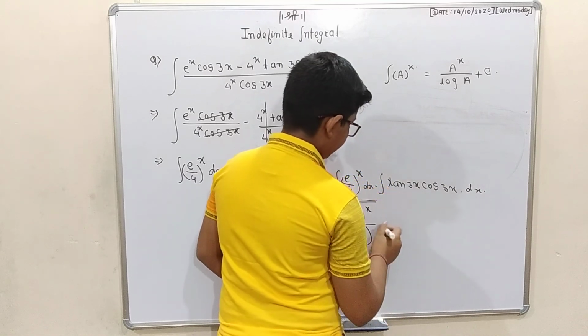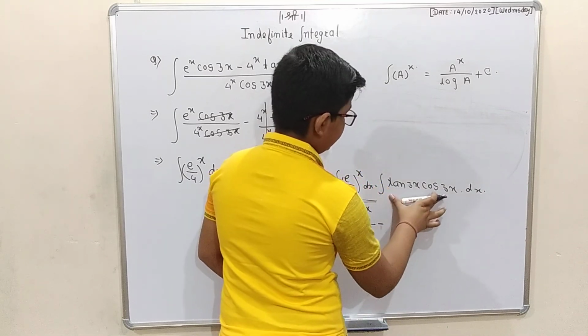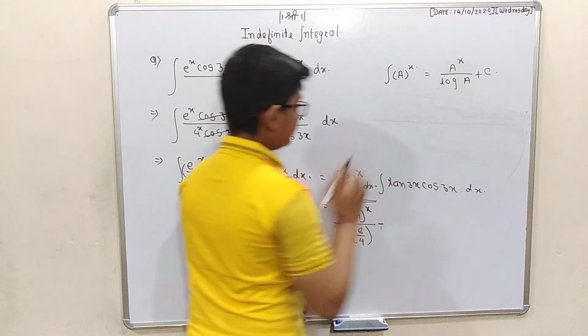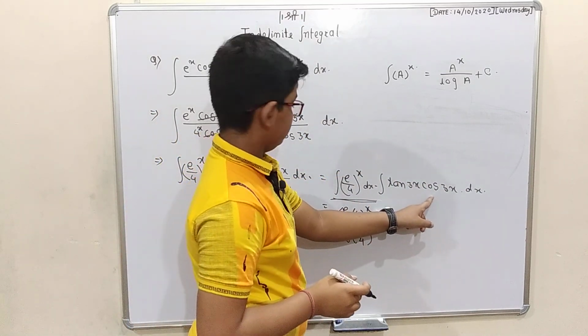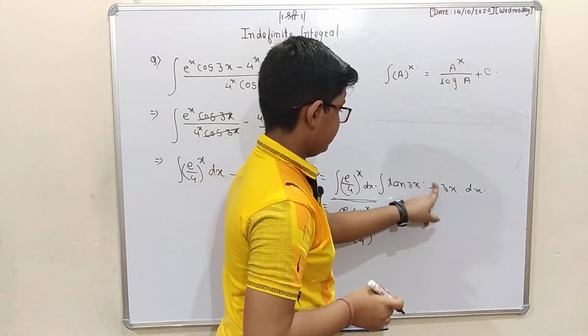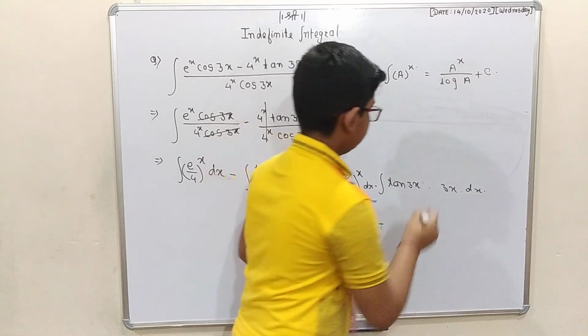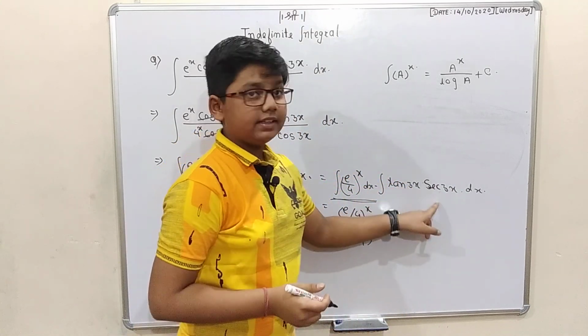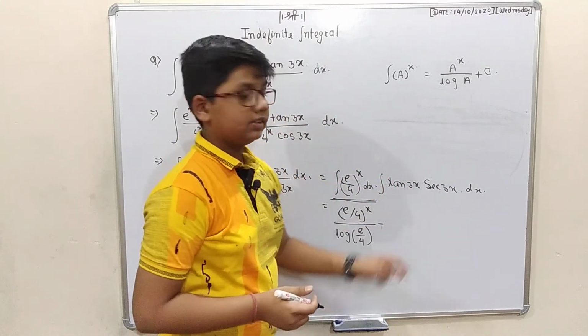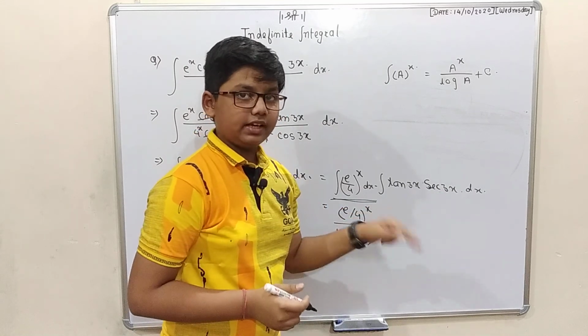And it is minus integral tan 3x into sec 3x dx. Sorry, here it is sec 3x.